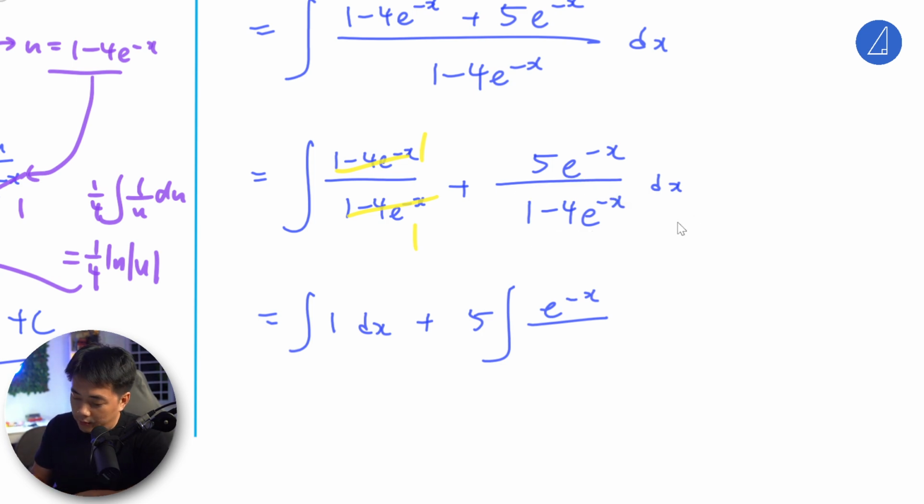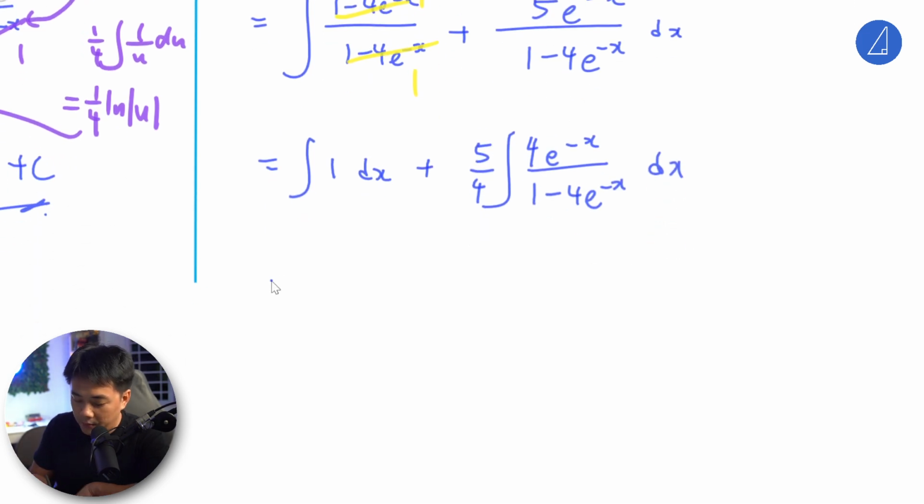If not, you could just do what most schools will do, which is you put a negative 4 here. Sorry, this is differentiating. This will be 4e^(-x), right? So you just need a positive 4e^(-x) here, then divided by 4 here, over 1 minus 4e^(-x) dx. Okay, and this will be ln. So this is x plus 5 over 4 ln of 1 minus 4e^(-x), plus c.